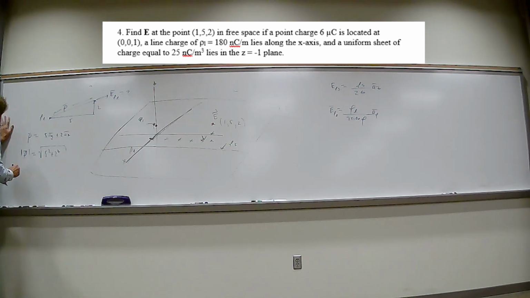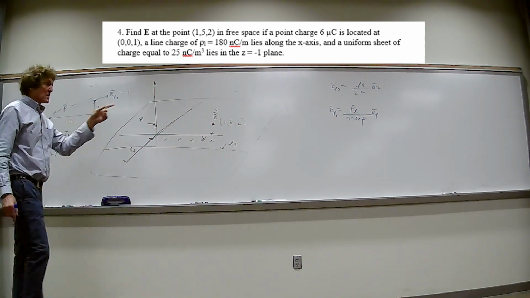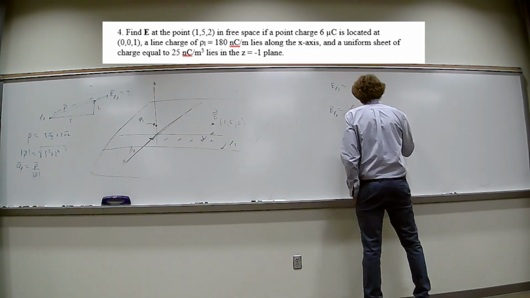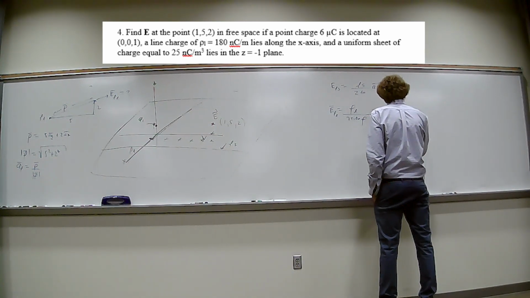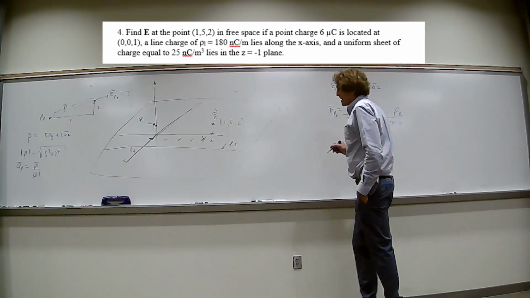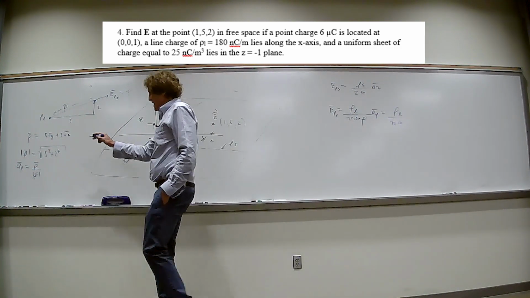Now, to get a_rho, that's going to be simply the rho vector over the magnitude of the rho vector. Agree, everyone? That's a unit vector in the direction from the line charge to the point of observation of the field. So over here, you can put the values in a second, but this becomes simply rho L over 2 pi epsilon naught. Then I have a_rho, which is that.